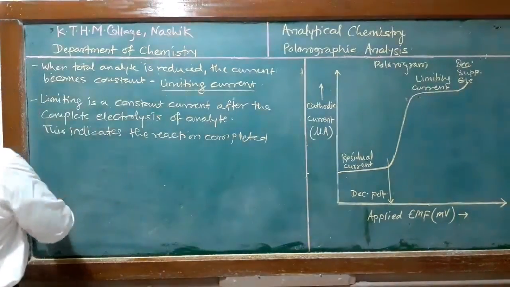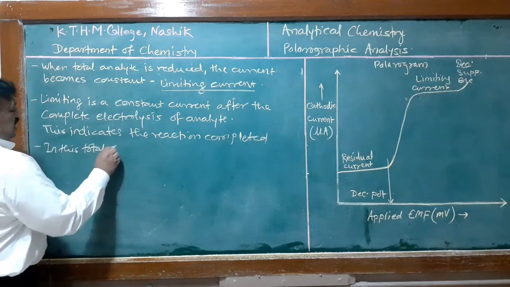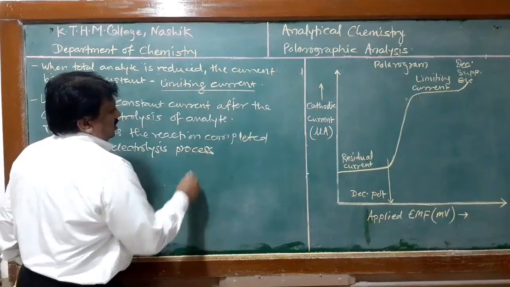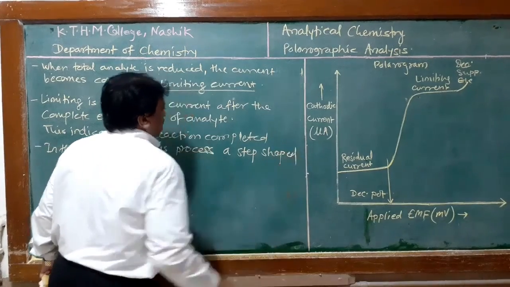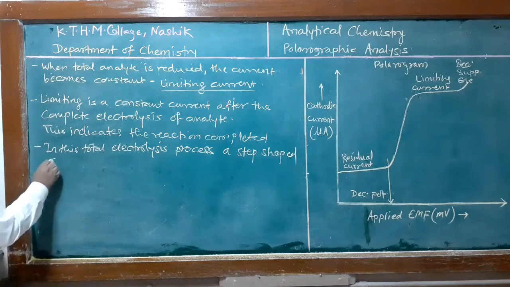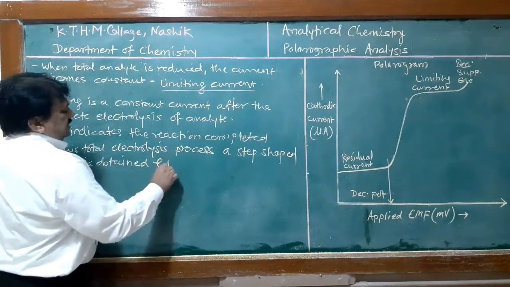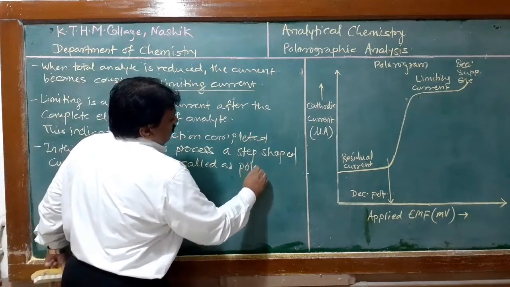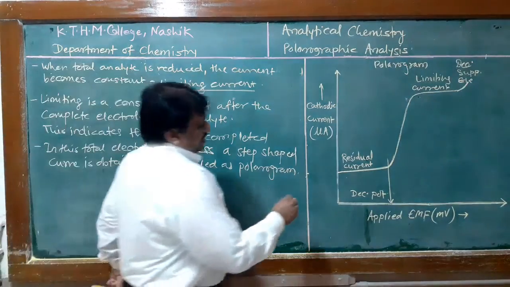In this total electrolysis process, a step shape curve is obtained and is called a polarogram, having 3 different regions.